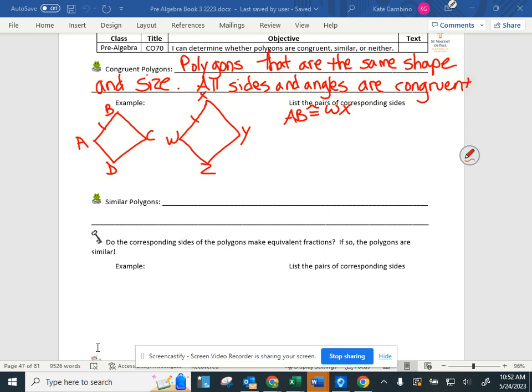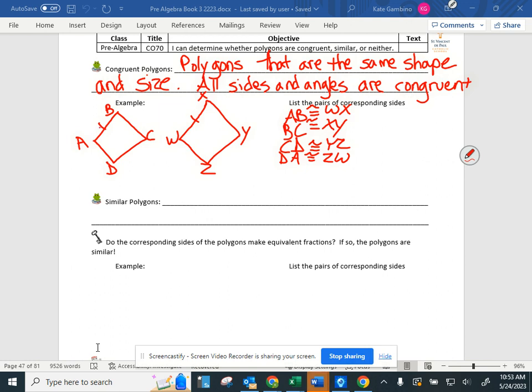This side is congruent with this side. What's the little top on the equal sign? It means that it's congruent with. So BC goes with XY, CD goes with YZ, and DA is congruent with ZW.